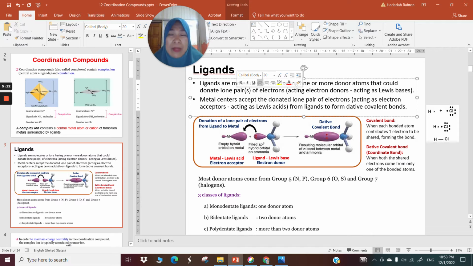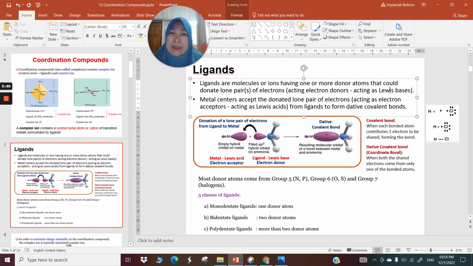They are the pair of electrons that is not being used in bonding, just the dots. And the ligands act as electron donors. And if you recall the Lewis definition of acids and bases, all electron donors we call Lewis bases. So your ligands are Lewis bases.